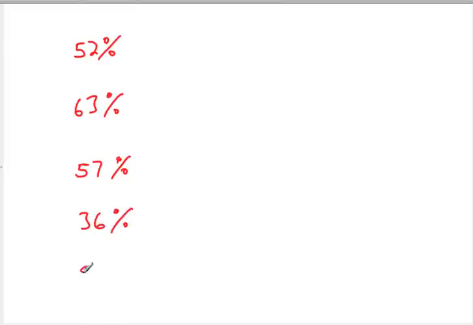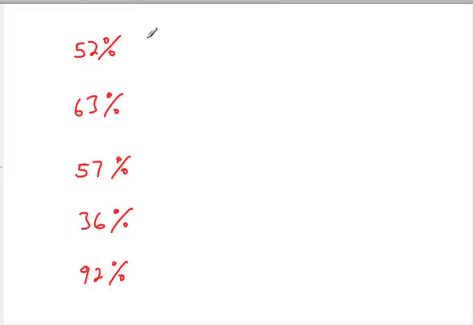There's some tricks that we can use to go from decimal to percent. So notice if you have 52%, I'm just going to put a whole bunch of percents here, 63%, 57%, 36%, 92%. So all these are percents.